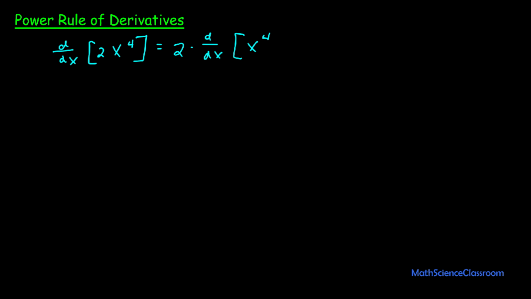And now we're going to apply the power rule. So equals 2 times 4x to the 4 minus 1 equals 8x to the third power.